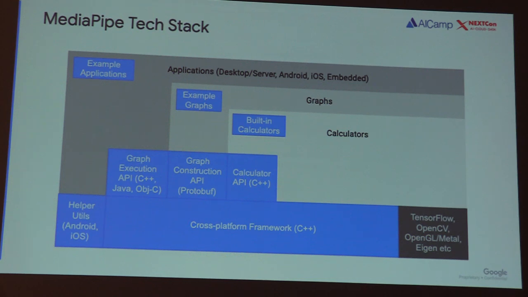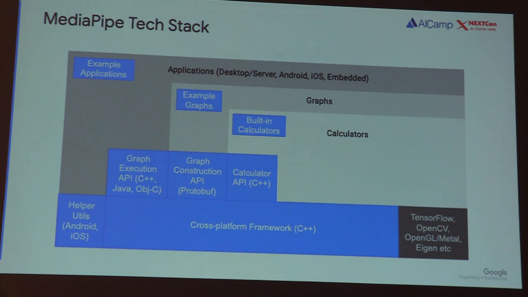And then there's TensorFlow, OpenCV, and Eigen, which are their own cross-platform environments, and we depend on those. And then the built-in calculators, as I mentioned, are mostly pure C++, and so they're portable to essentially all platforms.